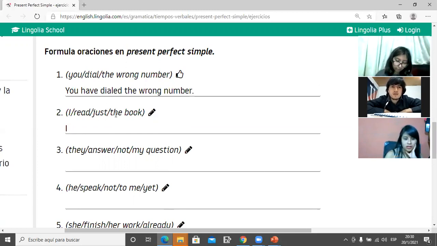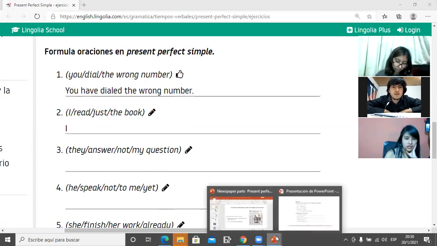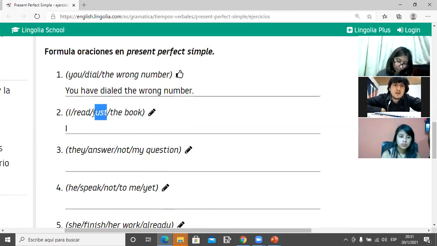What about the word just? What part is just? We missed this word. We need to use this word too. Just. I have read just the book.